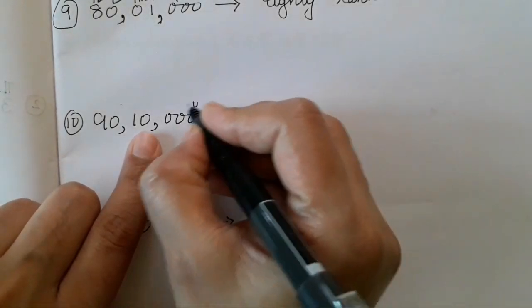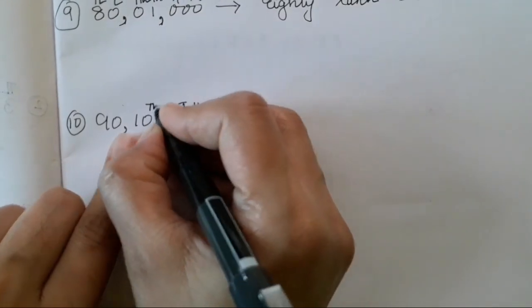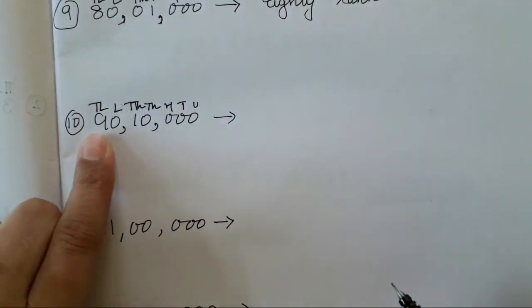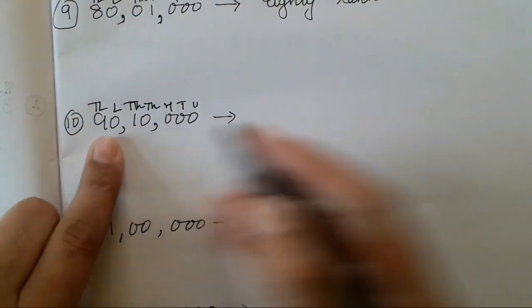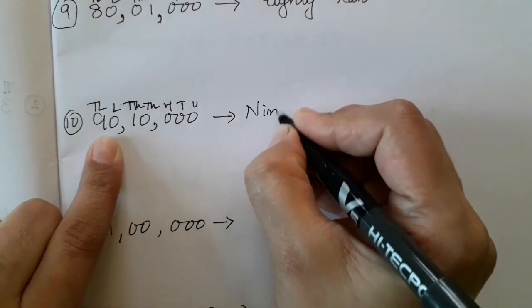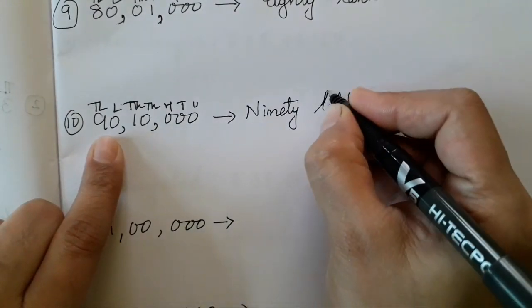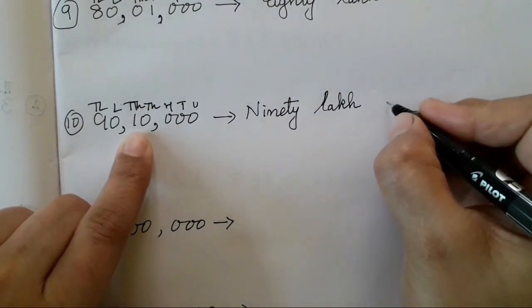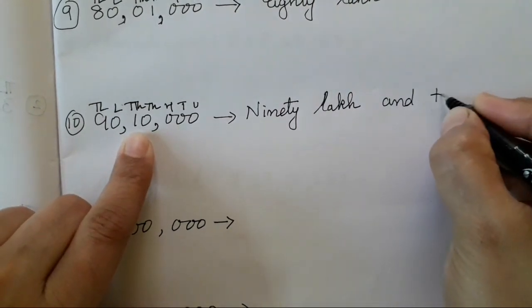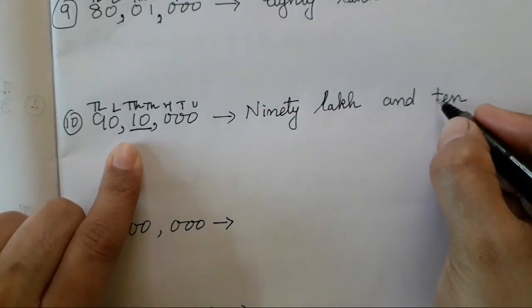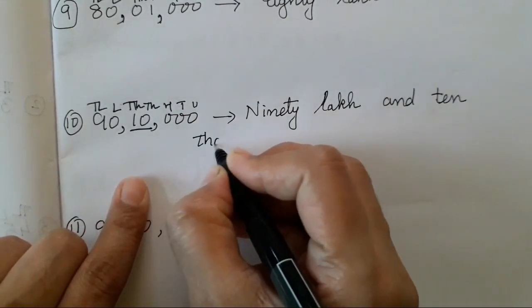Next, unit, tens, 100, 1,000, 10,000, lakh and 10 lakh. Okay, so this is going to be 90 lakh and 10, because this is a 2-digit number. Okay, so 10,000.